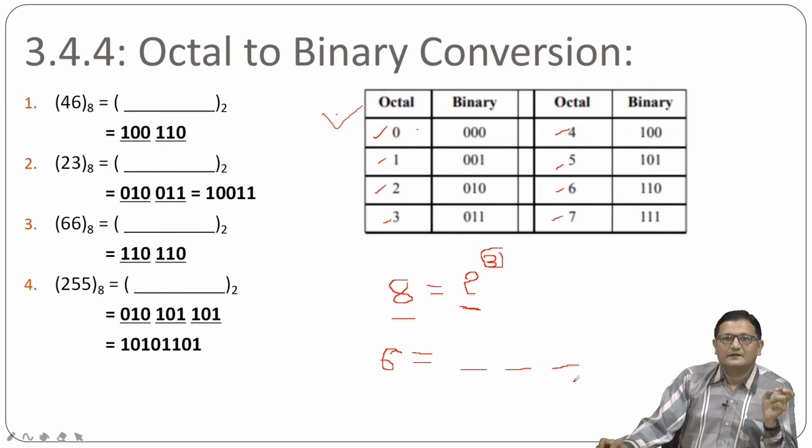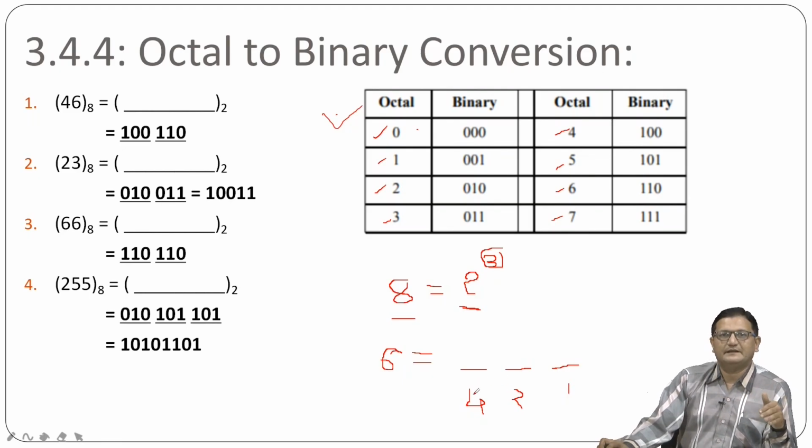Now here you consider 1, here 2, and here 4. So that's 2 raised to 0, 2 raised to 1, 2 raised to 2. So for every bit, you just have to write a double number, right?